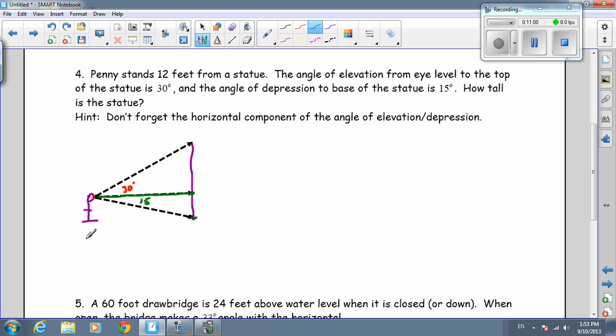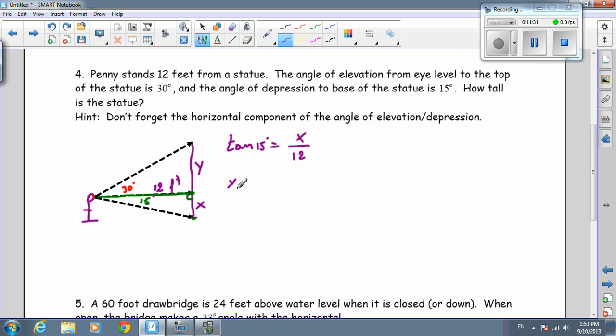Now, let's go ahead and find every single piece of information that we might need. We know that this horizontal component is exactly 12 feet. Keep in mind this is in feet. So I will use the small triangle, which is the triangle on the bottom. Using the tangent, I will say tangent of 15 degrees is equal to, let's call this x and let's call this y, x over 12.